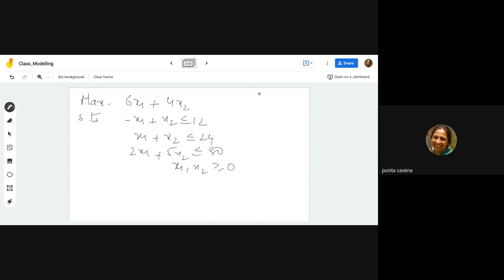So this is your objective function, these are your constraints, and these are your non-negativity restrictions.